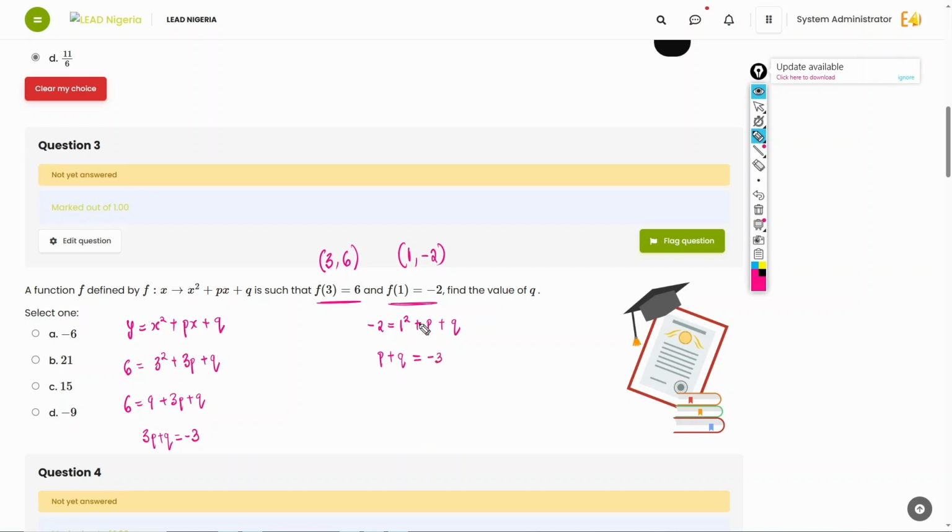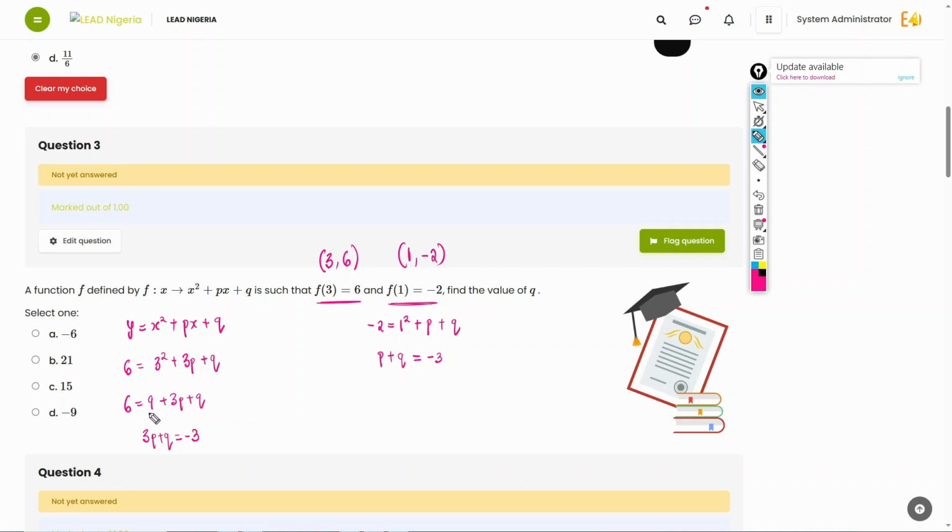So let me just check my math a moment. X is 3, y is 6. Check. X is 1, y is minus 2. Check. Plug it in. Y, which is 6, is equal to 3 squared, which is 9, plus 3p plus q.